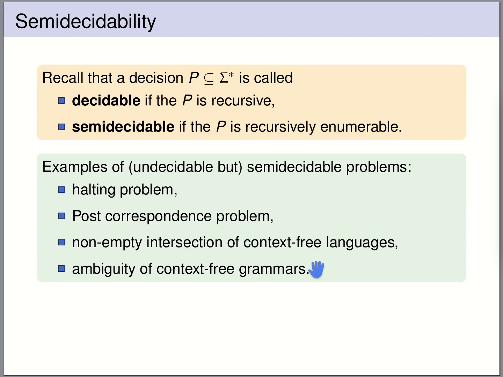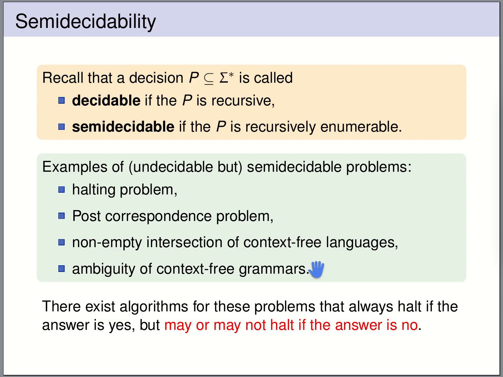The same holds for the ambiguity of context-free grammars. We can write a program that takes a context-free grammar and generates all possible derivation trees. If at some point we find two derivation trees for the same word, then we can stop and say yes, the grammar is ambiguous. But if the grammar is not ambiguous, then our program will search forever.